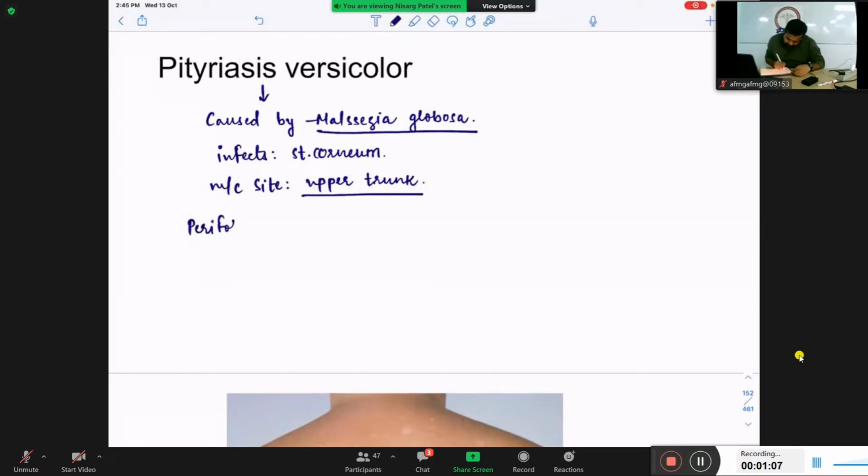What you will see is perifollicular hypopigmentation. It is the classical feature.